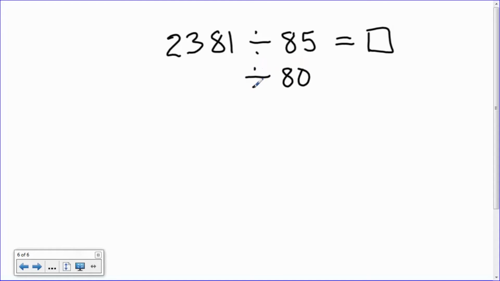And then look over at the 2,381 and find out, okay, what could I approximate this with, which gives me a number that's easily divisible by 80. Well, I think 2,400 is almost jumping out at us. So 2,400 is close to 2,381, and it's easily divisible by 80.